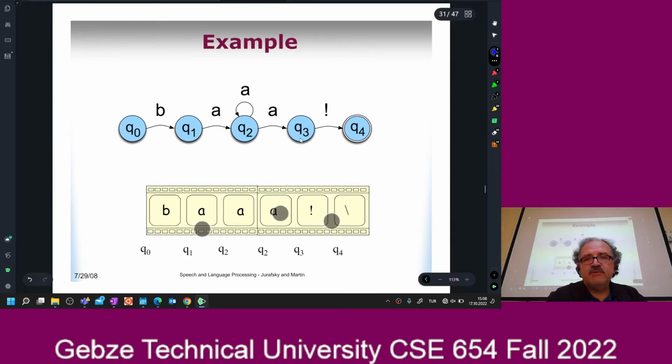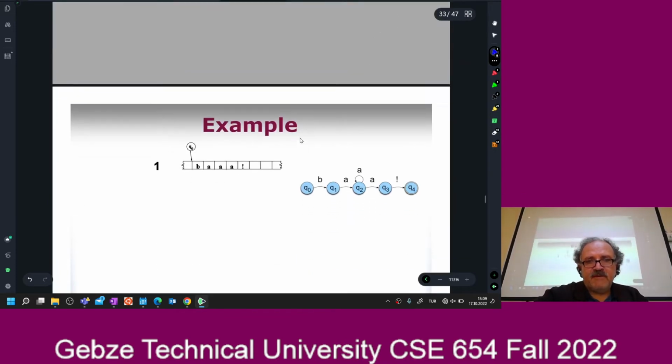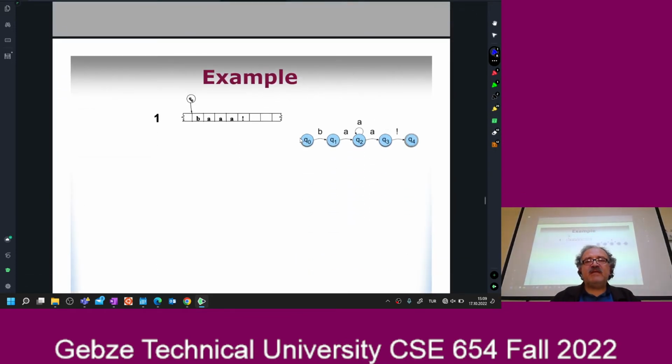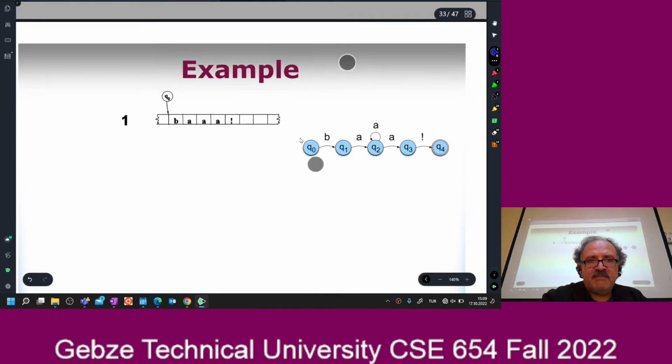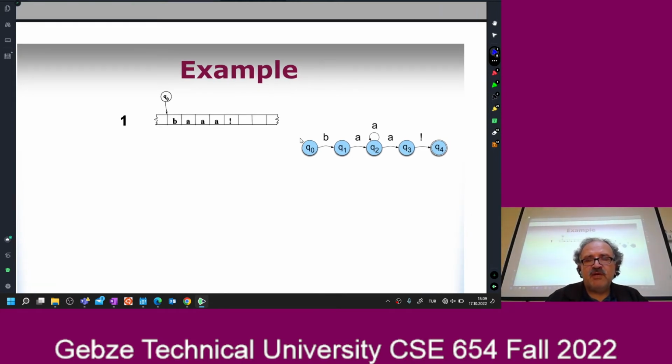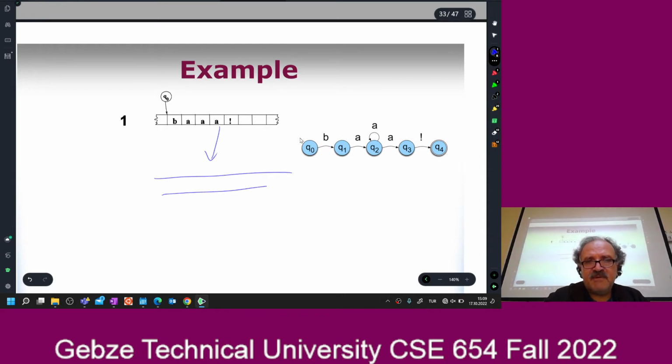This is my input, and these are my finite state machine components: the initial state and the final state, etc. So at the beginning, I am at this position. I am reading this, Q0. When you read Q0 with a B, I definitely go to this case, my tape.